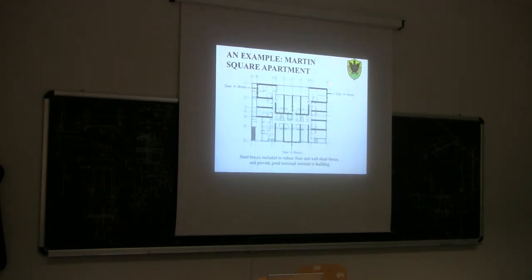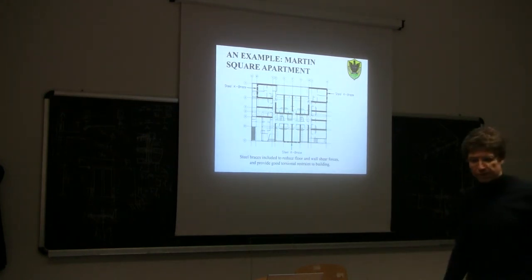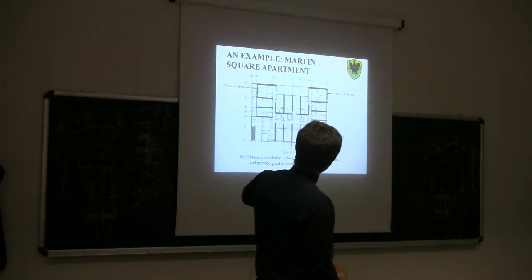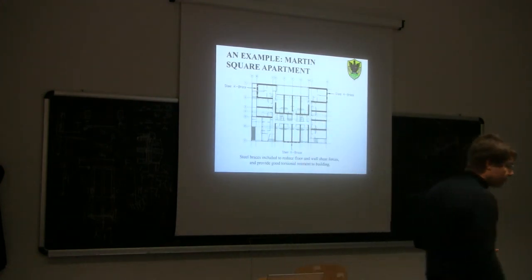Here is a plan of the building. The black ones, you can see there are several rooms inside. The black walls are the walls that were considered structurally resistant, the bracing walls of the system. But you see immediately that an arrangement like this was not very good for resisting torsion.